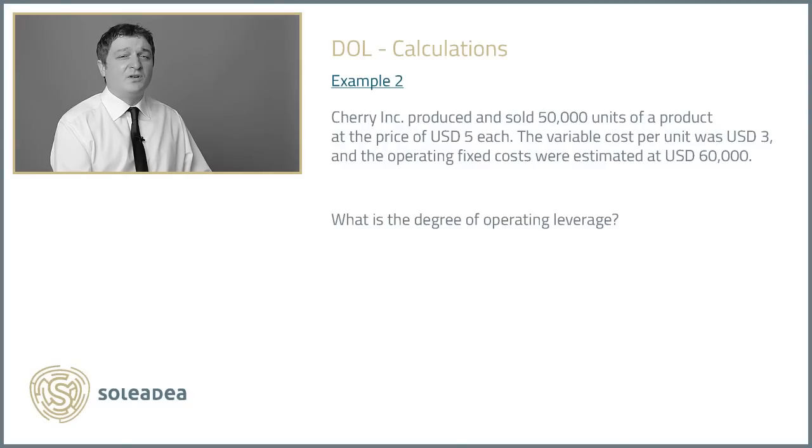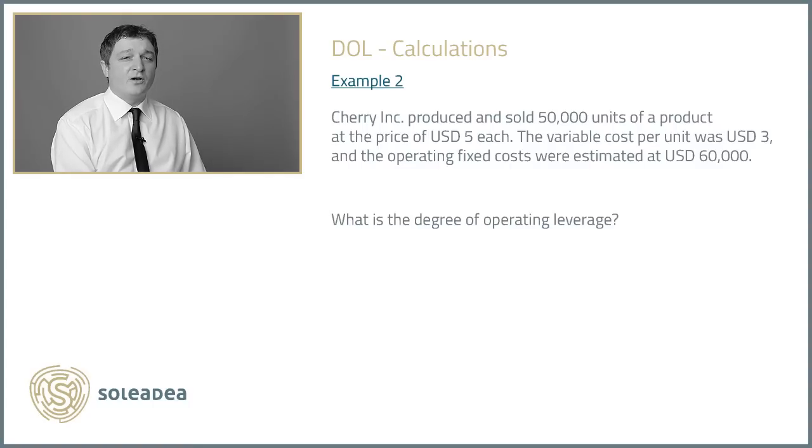In the next example, I'm going to show you how to calculate degree of the operating leverage. Cherry Incorporated produced and sold 50,000 units of a product at the price of $5 each. The variable cost per unit was $3 and the operating fixed costs were estimated at $60,000.